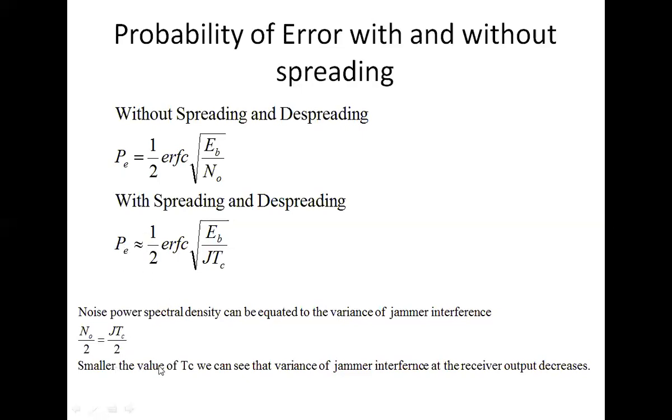So the smaller the value of TC, the variance of jammer interference, that is JTC by 2, decreases. If this decreases, root of EB over JTC increases, and ERFC of a value which is increased will be less. That means the probability of error in turn decreases. So with a decrease in the value of TC, it is possible to decrease the probability of error.